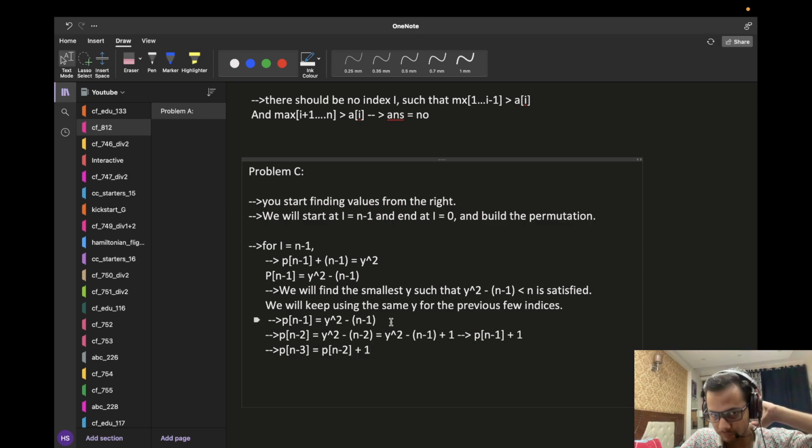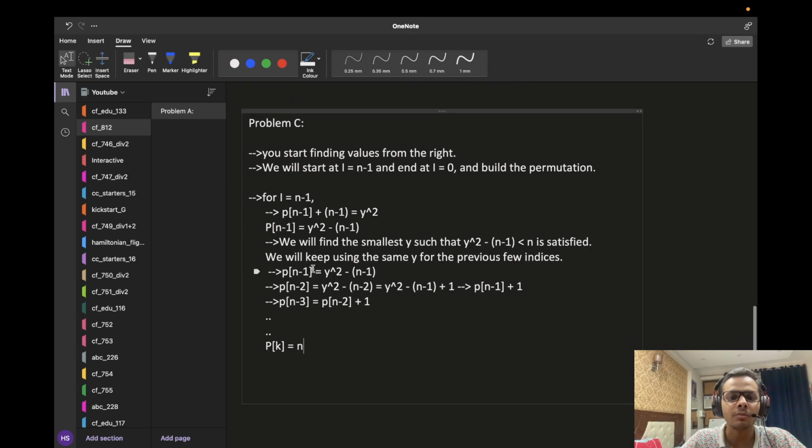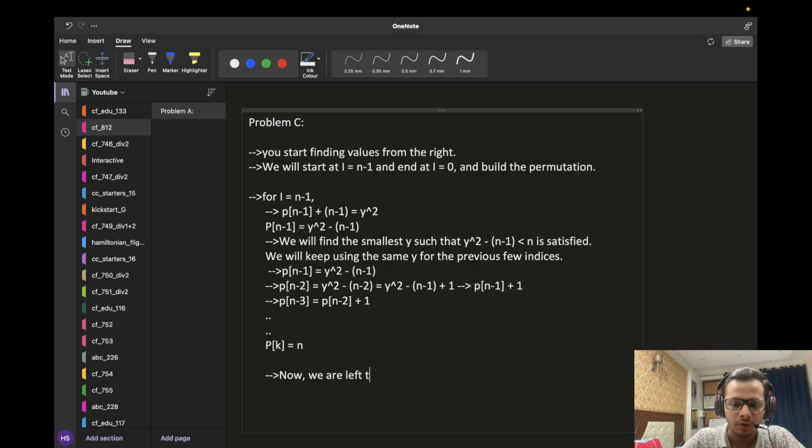So basically the values will keep on increasing, so on and so forth, until we reach the value of n. So naturally we'll come to an index k where p of k will be equal to n.